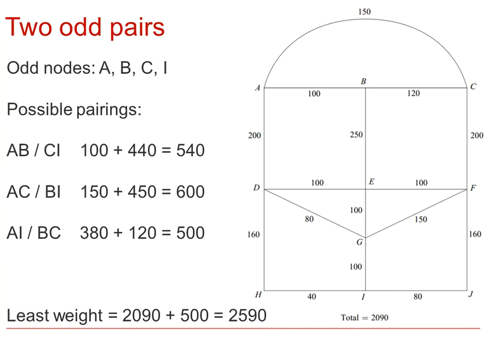So in summary, first of all I needed to identify the odd nodes, realizing that they will always come in pairs. I then need to look at the possible pairings and look at the different routes.